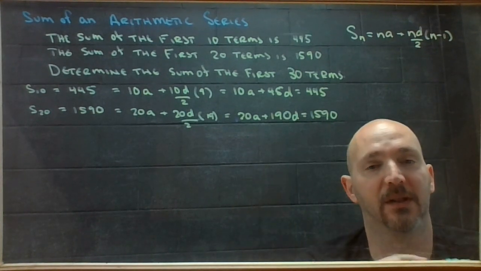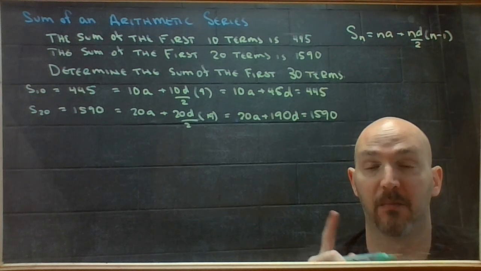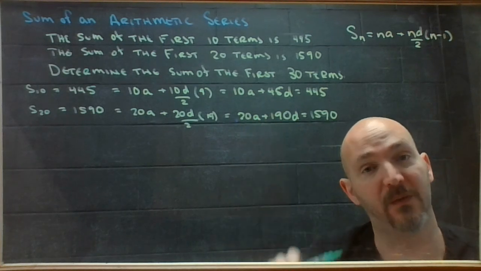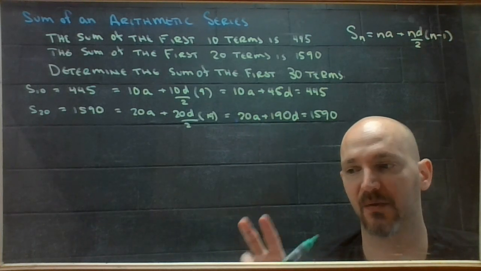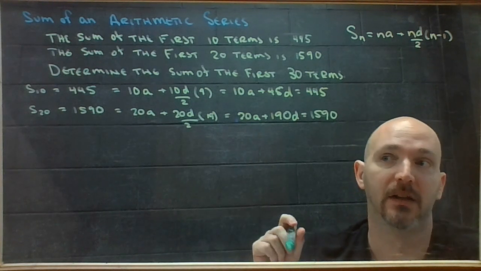This is also an equation with two variables in it, and you can't solve it. But I now have two equations with those same two variables. That is enough to restrict my degrees of freedom to actually have a solvable equation.